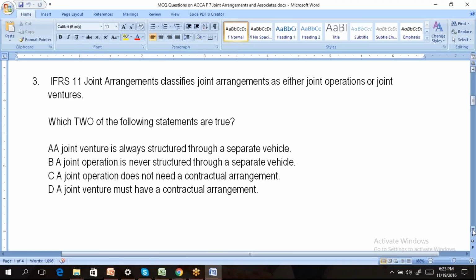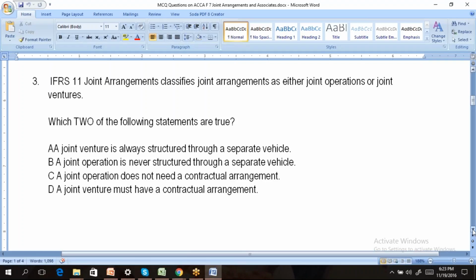Which two of the following statements are true? A: A joint venture is always structured through a separate vehicle. B: A joint operation is never structured through a separate vehicle. C: A joint operation does not need a contractual arrangement. D: A joint venture must have a contractual arrangement.